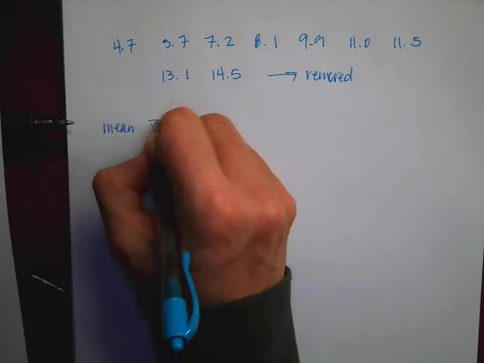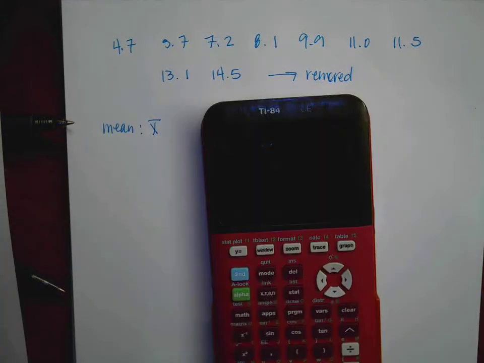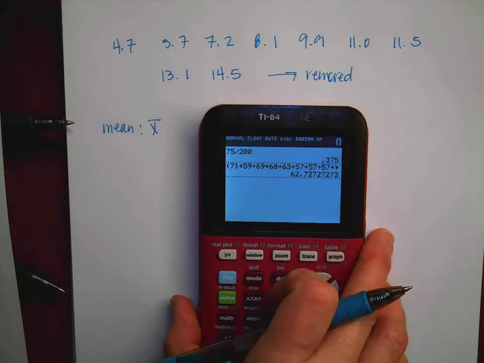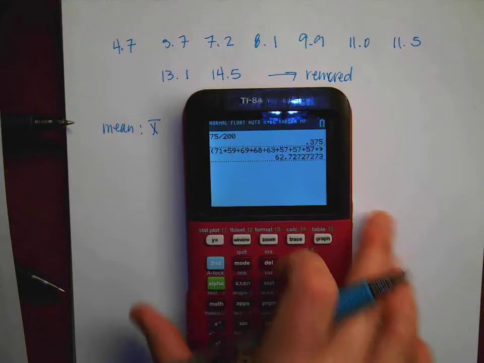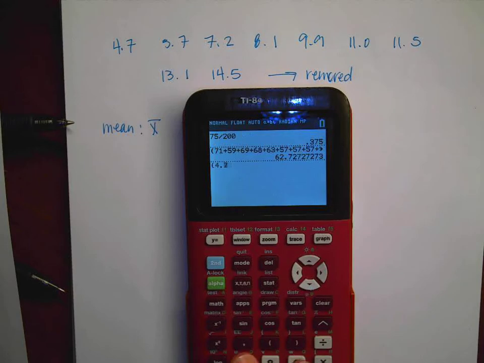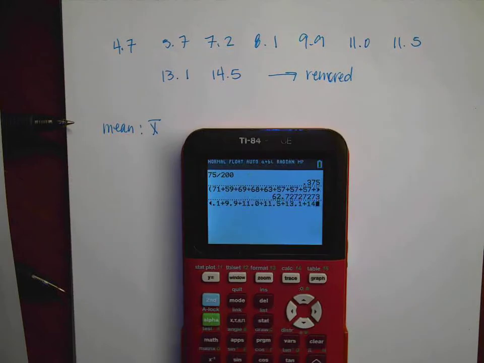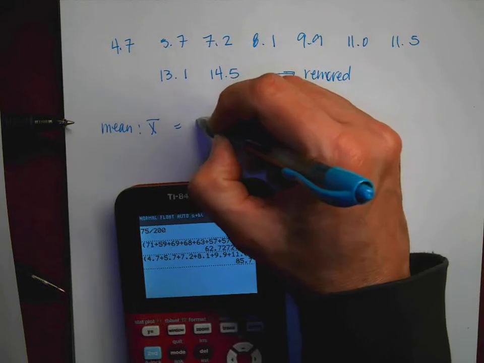I guess it helps if you can see that. Let's see what happens to the mean. So for our x bar, that would mean that we would add all of those numbers together. Remember, we removed one, so that means that n is 9 this time. So I'm going to have 4.7 plus 5.7 plus 7.2, 8.1, 9.9, 11.0, 11.5, 13.1, and then my 14.5.